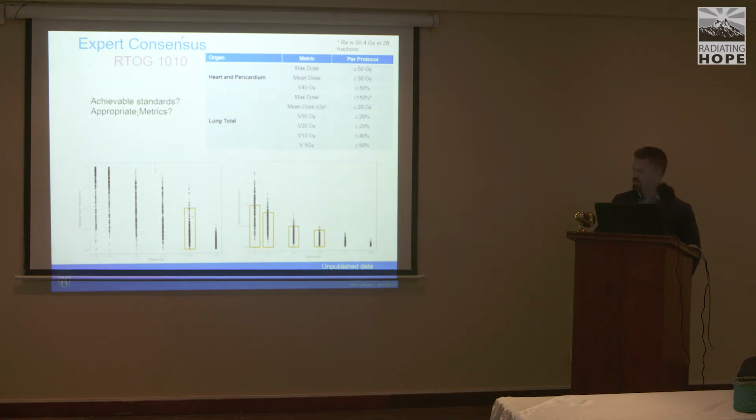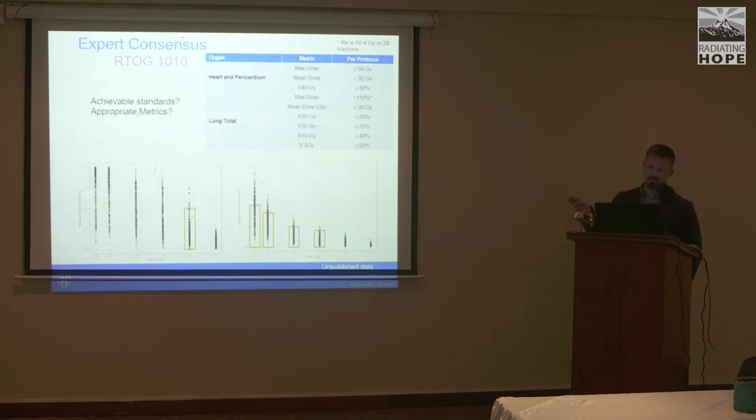It's actually a distribution, which I see is hard to see in the back, and you see the range of doses that were achieved, based on percent from 0 to 100% on the far left. I put an orange box outlining patients who actually met the RTOG guidelines. What you can really see is that a lot of patients did not. And in fact, those recommendations are very challenging to meet.